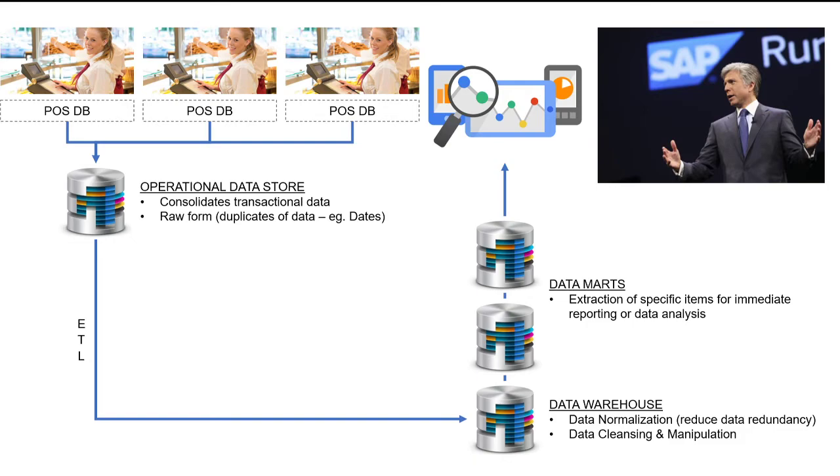It could be a data mart for the finance team, a data mart for the operations team, a data mart for marketing. All of these different data marts get their data from the data warehouse where all the data is synchronized. And data marts and the data warehouse all push data to reports and dashboards, which can be used by the executives or managers to make decisions.